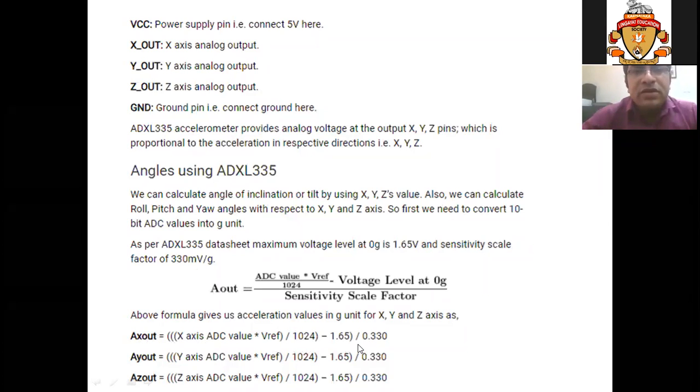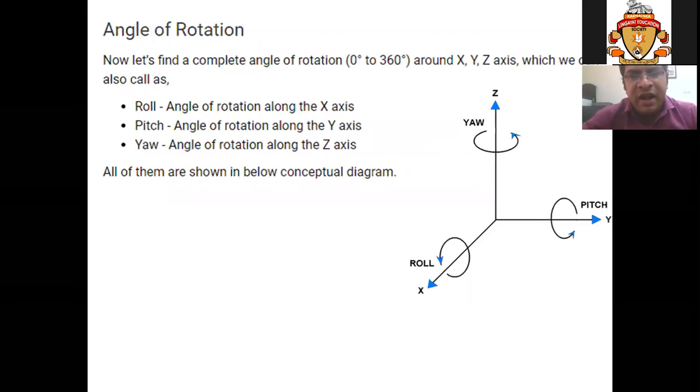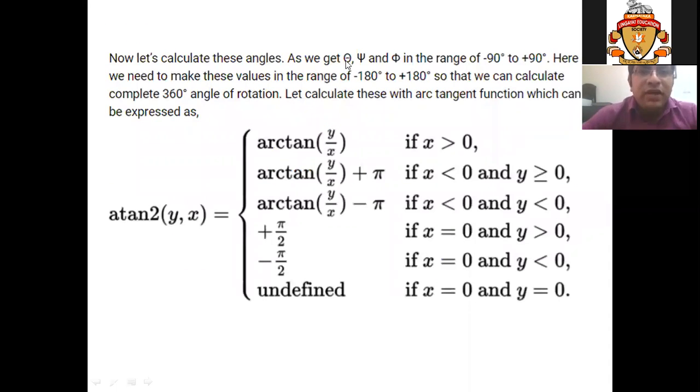formula. These 3 angles we can measure: roll, the angle of rotation along the x-axis; pitch, the angle of rotation along the y-axis; and yaw, the angle of rotation along the z-axis. To calculate roll, pitch, and yaw in the range of minus 90 to 90 degrees, we have to map it.